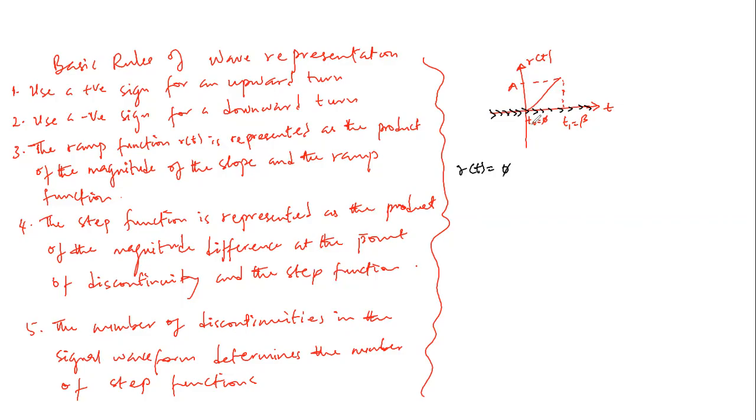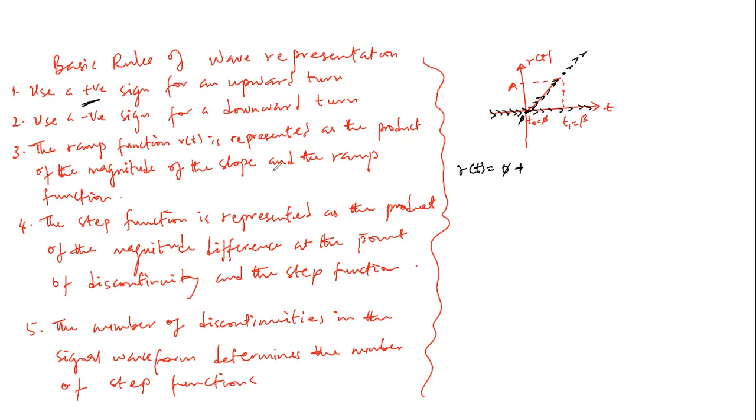Then at t not equal to 0, there is an upward movement here. Remember, this is 0, okay? Since there is an upward movement, we trace this way this time, and we use a positive sign for an upward turn. Afterwards, point 3 says the ramp function is represented as the product of the magnitude of the slope.